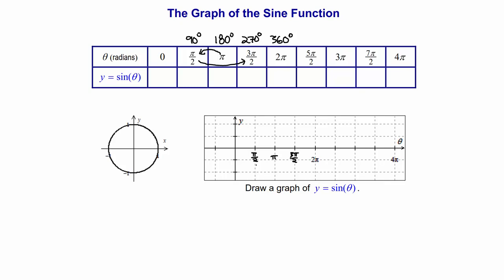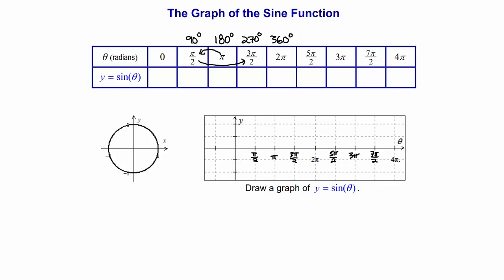And notice we get 1 pi over 2, 2 pi over 2, 3 pi over 2, 4 pi over 2. And we can just continue adding 1 pi over 2 to each tick. So that's 5 pi over 2. 6 pi over 2 is 3 pi. 7 pi over 2. And 8 pi over 2 is 4 pi.